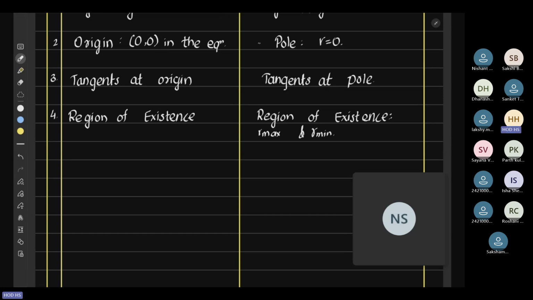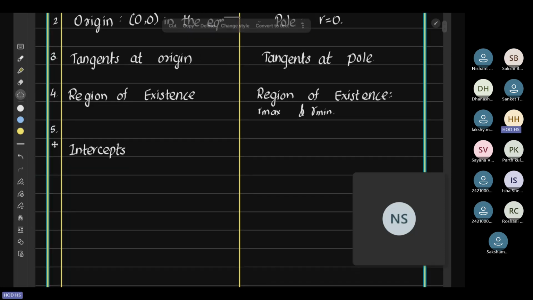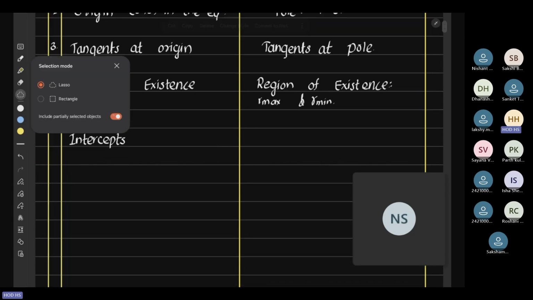Using this R max and R min, here when we calculated the intercepts, or the intersection with the coordinate axes, we calculated the points.